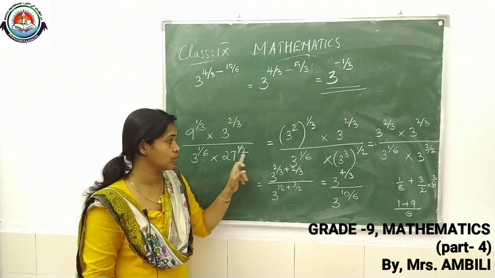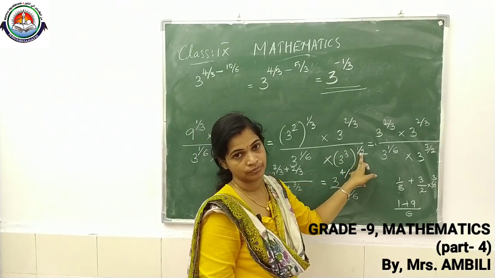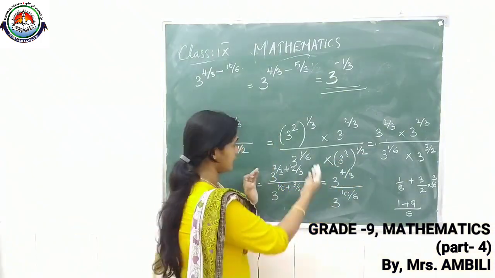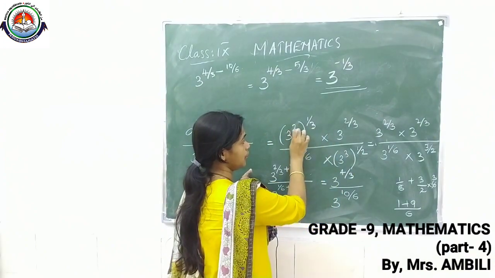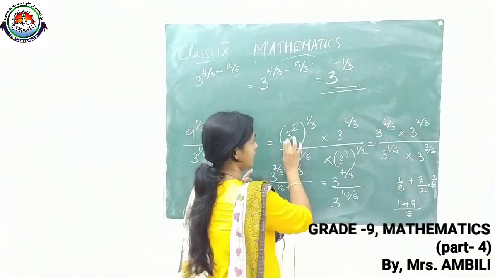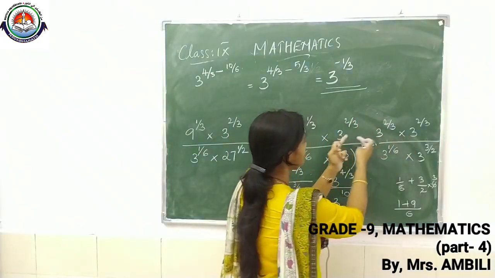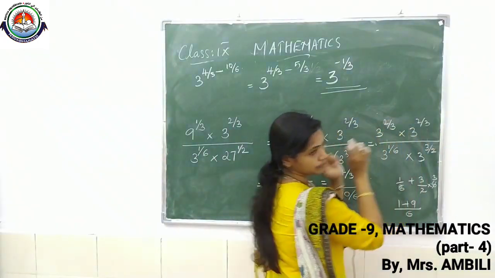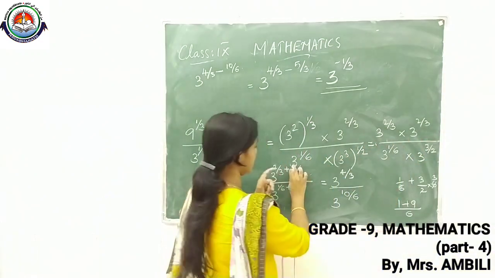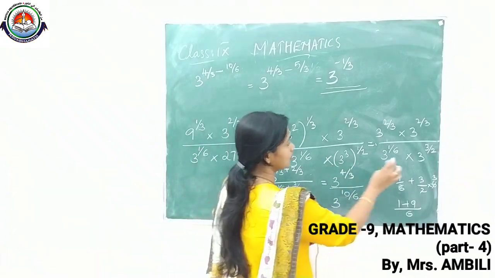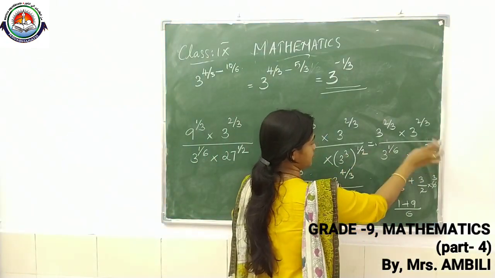So, 27 equal to 3 cube, that we wrote here. 3 cube raised to 1 by 2. Okay, then listen here. So, here 2 into 1 by 3 is 2 by 3. 3 raised to 2 into 1 by 3 equal to 2 by 3 into 3 raised to 2 by 3. Okay, then divided by 3 raised to 1 by 6 into 3 raised to 3 into 1 by 2, 3 by 2.